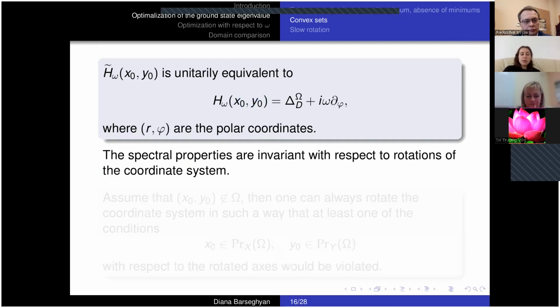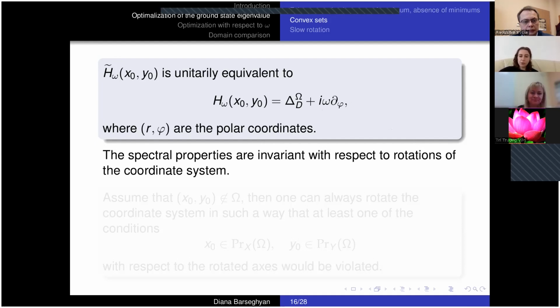Also, now let's remember we are using the original formulation of our operator, and passing to the polar coordinates we can rewrite our operator in the polar coordinates. So you see, it should be minus in front of the Laplace operator, it's a misprint. Minus delta omega is the Laplace operator written in the polar coordinates.